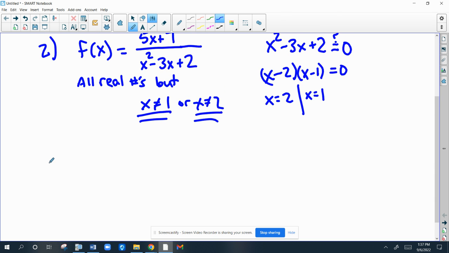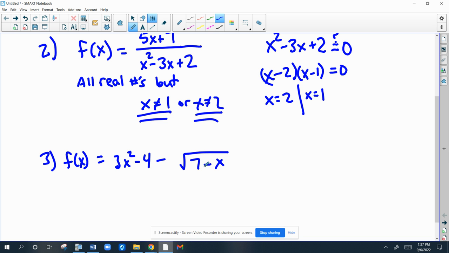Finally, I'm going to give you this one. F of x equals 3x squared plus 4x minus the square root of 7 minus x. Strange looking function, but let's think about it. If you're looking for the domain, there's no division, so you don't have to worry about dividing by 0, but there is an even root.